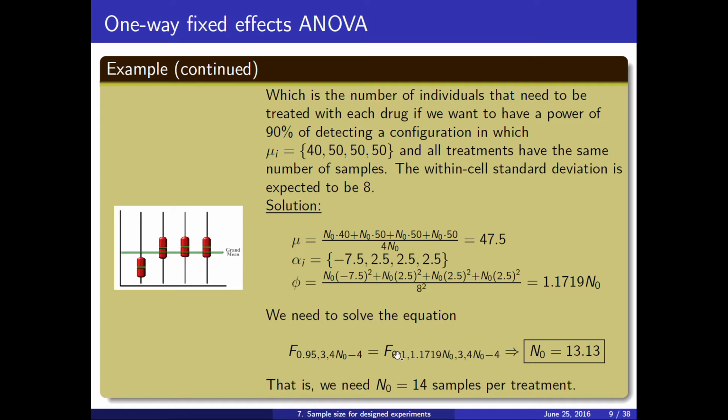On the other side we have beta, so we have F beta, with the non-centrality parameter and the same number of degrees of freedom. We solve this equation and we get n0 equal to 13.13. That means that we need 14 samples per treatment.